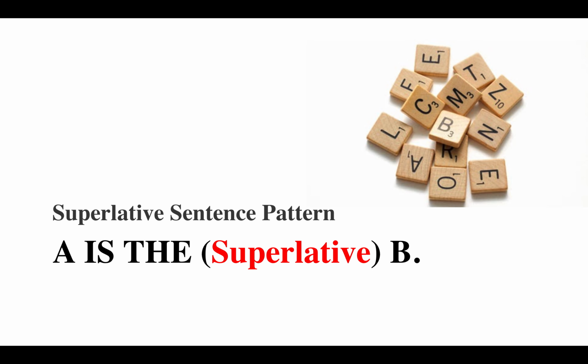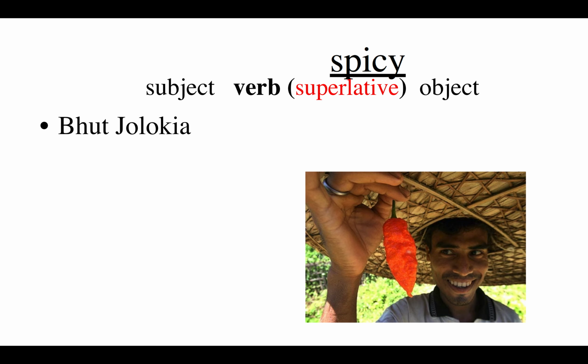Now let's talk about the superlative sentence pattern: A is the superlative B. Okay, so today we will talk about the bucholokia. That's my example. And we have to find the superlative of spicy. Spicy, that's 2 syllables long. So we will say for the superlative adjective, spiciest.